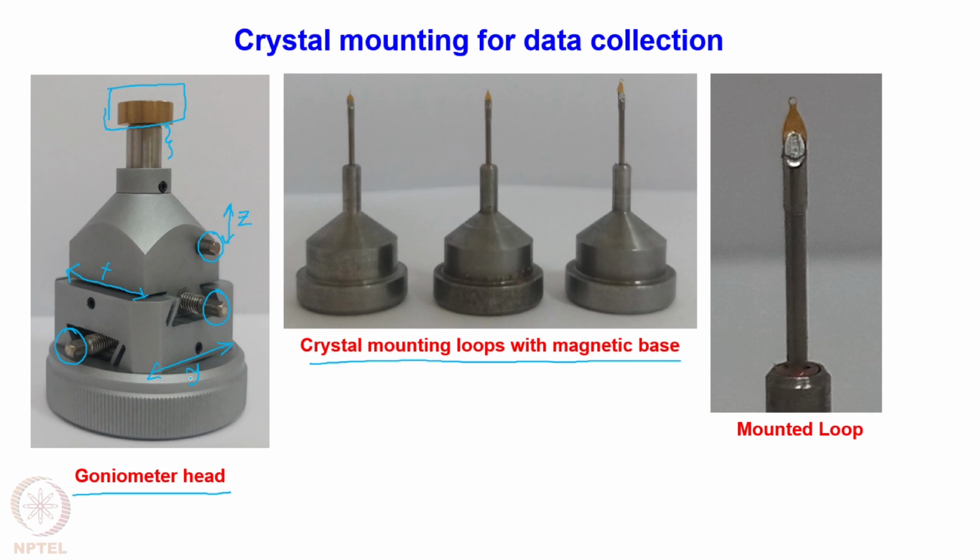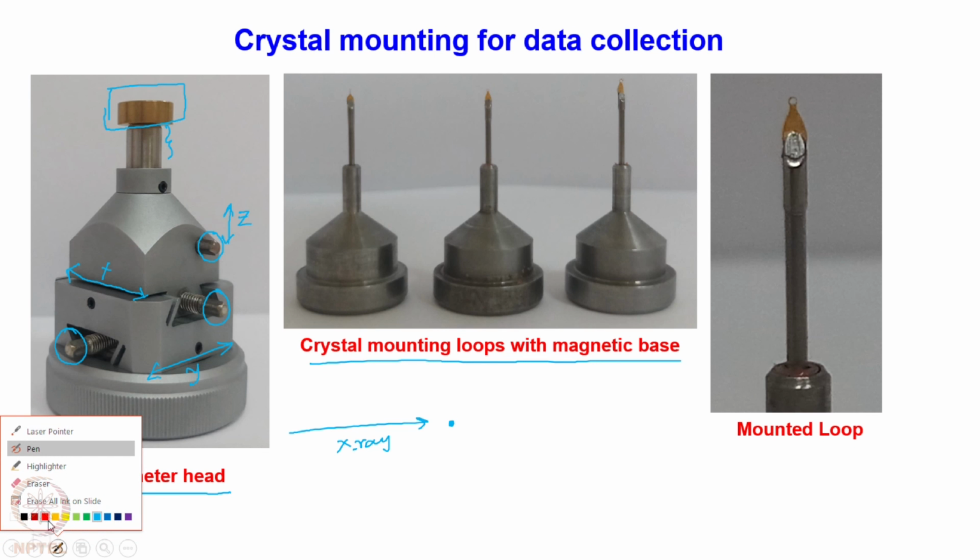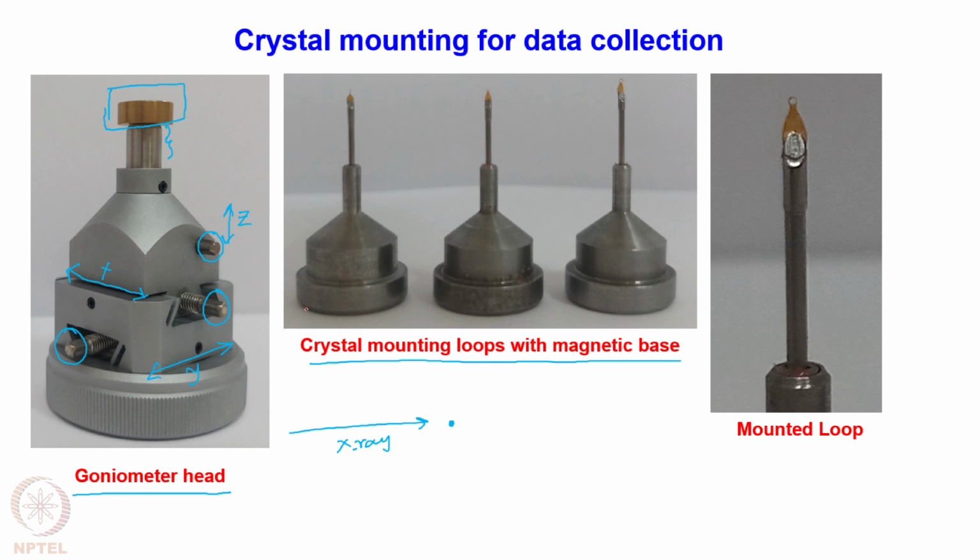So in this way, one can align the crystal in the X-ray beam at a center position, because when we discuss X-ray data collection, we will see that we will be moving this crystal about different axes, and during that movement we don't want the crystal to be going out of that X-ray beam. Here we have photographs of some mounting loops which are having a magnetic base.